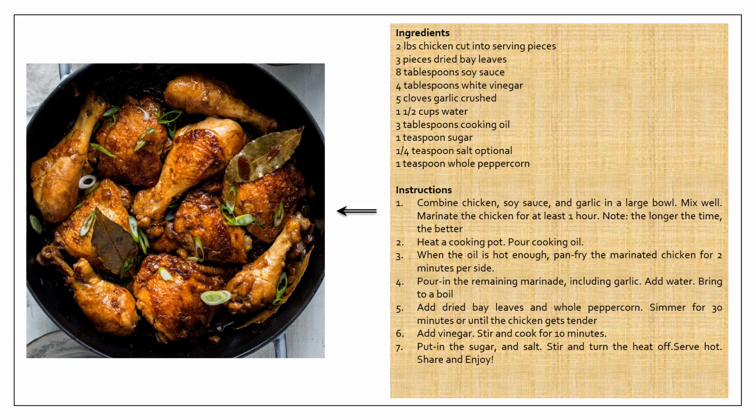Now, take this analogy for example. We see some instructions that we need to follow in order for us to successfully cook that recipe. Now, take that analogy and apply it in computer programming.